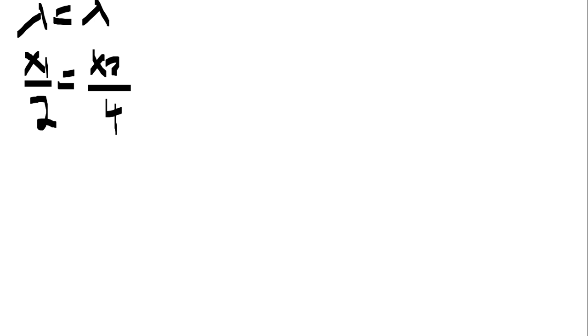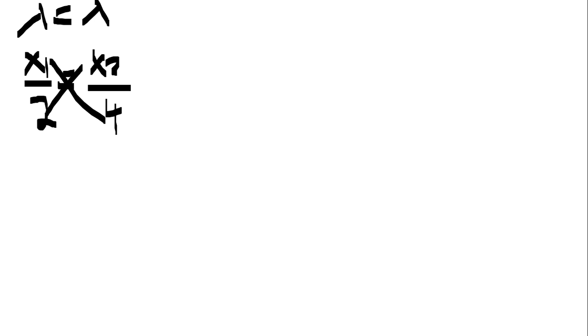Therefore, what we can do is make one of these the subject of the formula, either x1 or x2. If we cross multiply here, you know about cross multiplication, right?